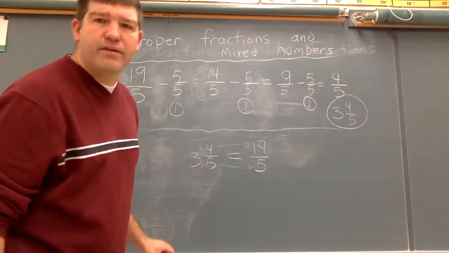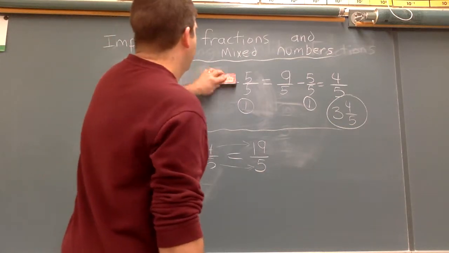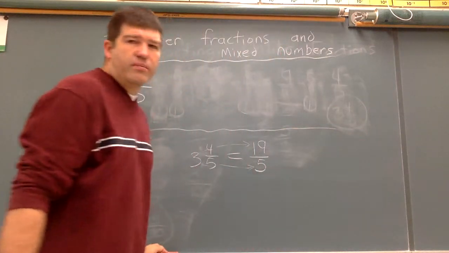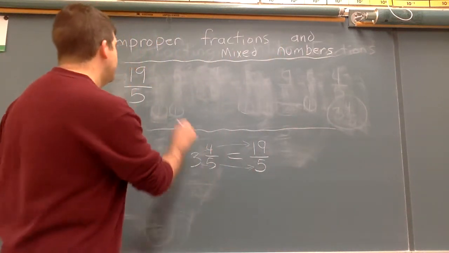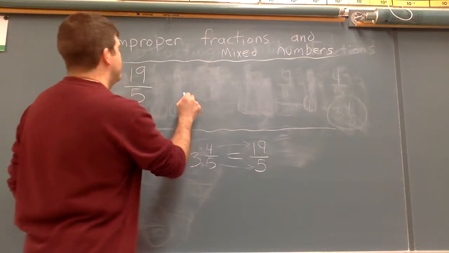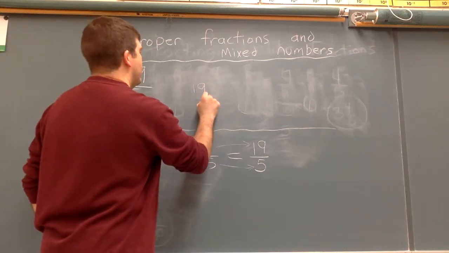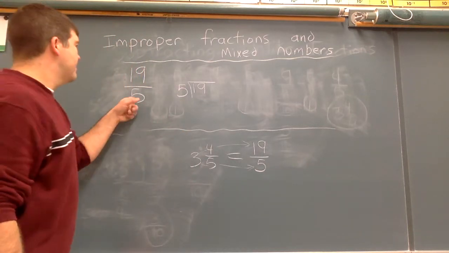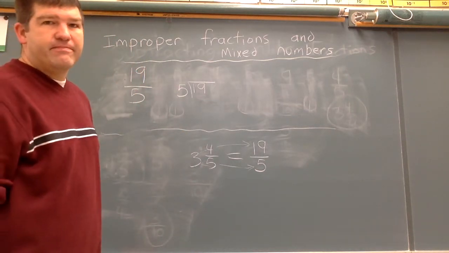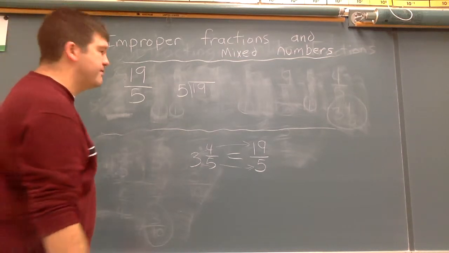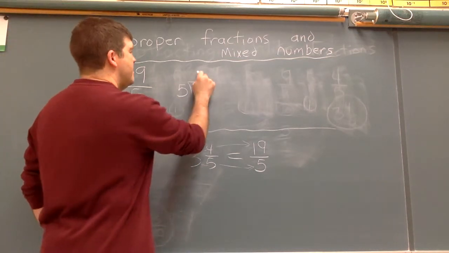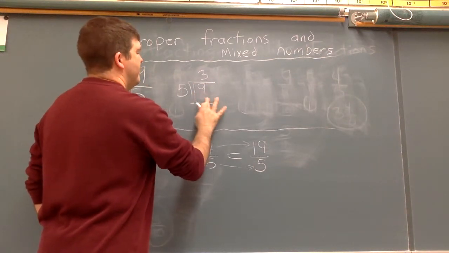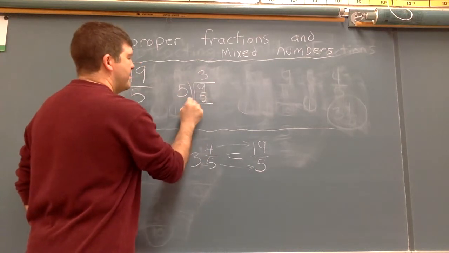Now let me show you one other method that instead of taking whole numbers away, you can divide. Okay, so what you do is you see how many 5s go into 19. Okay, and this will tell you how many whole numbers you have. So 5 goes into 19 3 times. 3 times 5 is 15.